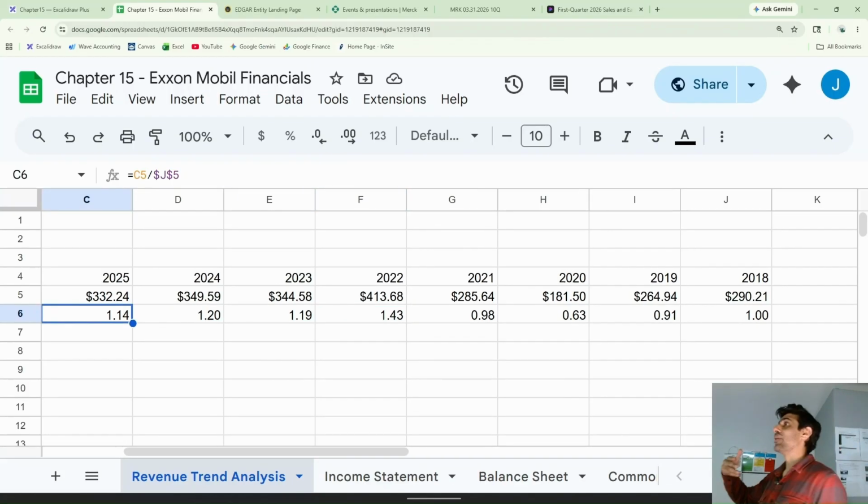It's probably up now. If we looked at ExxonMobil in 2026, it's going to be higher than this, right? Why? What's happened since January or December 2025? Yeah, Strait of Hormuz, exactly. I think oil prices doubled since then. I think it was around $70, $80, and now it's like $140 a barrel.